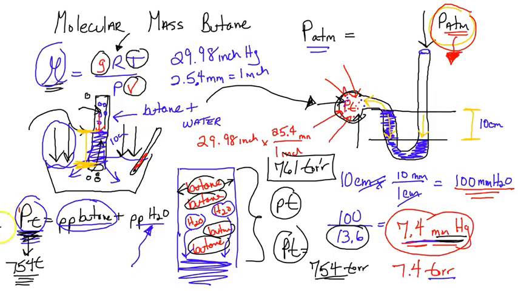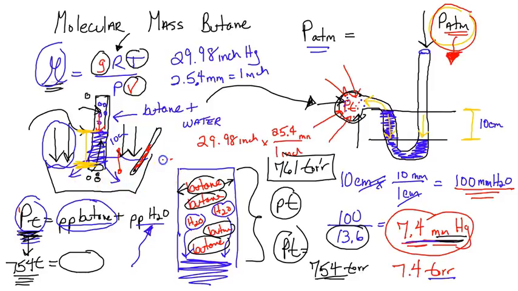Now, we're almost home. To get the partial pressure of the butane, all I need is the partial pressure of the water. Well, we have vapor pressure tables that someone has figured out, showing how much pressure is due to water at different temperatures. As temperature rises, water evaporates at a greater rate.